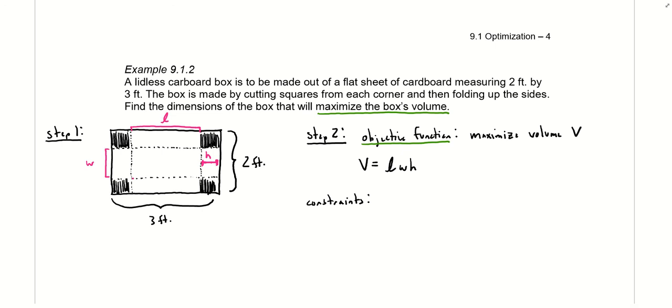So we have the objective function, the thing we're going to maximize. We also want to write down any constraints we might have. So our constraints are going to be based off of, as we saw in the previous example, the physical limitations of this setup for this problem. So if we look at this box, we can think about a couple possible physical limitations for the dimensions themselves. So I'm going to start with the length.